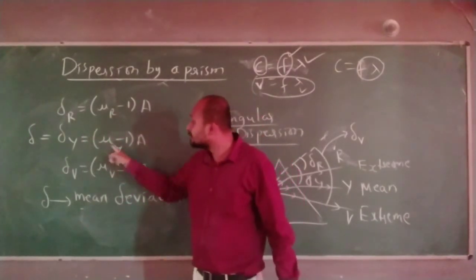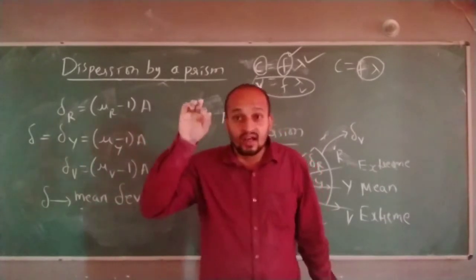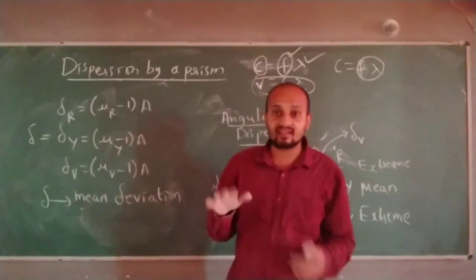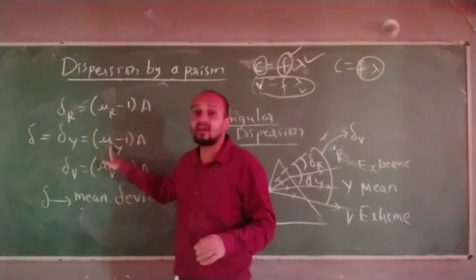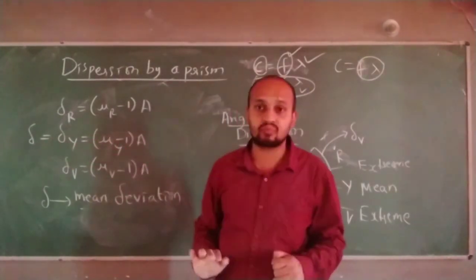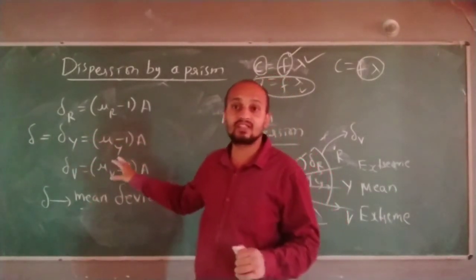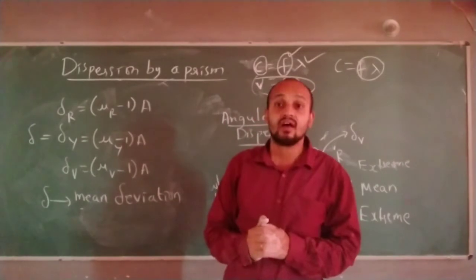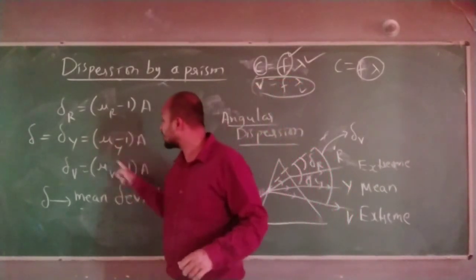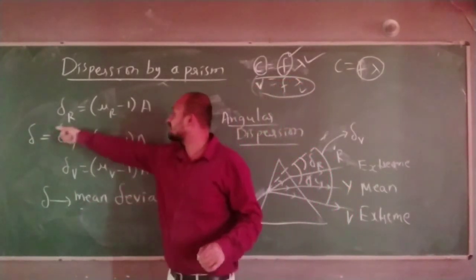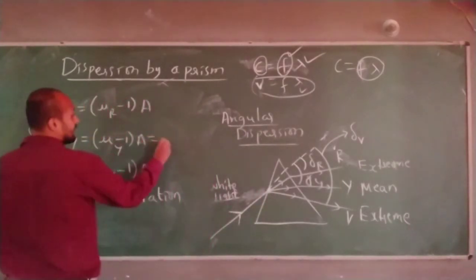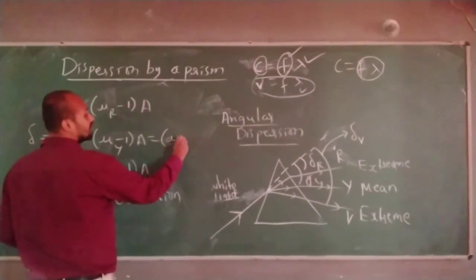When I say mu y, it means the refractive index of the material, how much it is bent for yellow light; that much is the refractive index of the medium. So this one I will consider the mean deviation. Standard is this one, which I can write as mu minus 1.